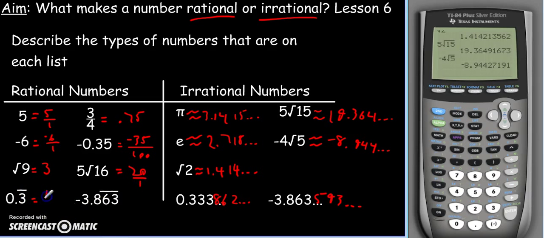0.3 repeating is 1/3. Let's use a calculator to identify what 0.863 repeating is. So it's negative 3.863. I need several 863s here, enough that the calculator will register that this is supposed to be a repeating decimal.